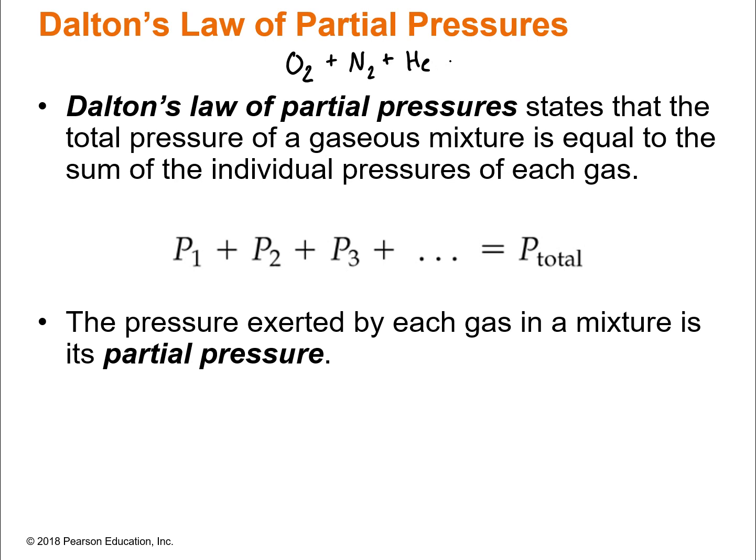If you have all of those things in one tank, then you've got 3 different partial pressures. And the total pressure, which I usually will do P sub T, would be equal to the pressure from the oxygen plus the pressure of the nitrogen gas plus the pressure from the helium. So that's all we're saying here.